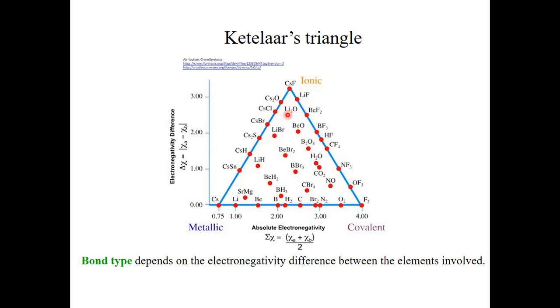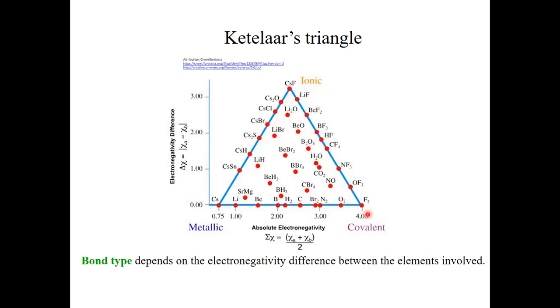Whereas, for instance, when you have a compound like SrMg, you see it's pretty much metallic, but it's also not completely metallic. There's also some ionic character because of the electronegativity difference between strontium and magnesium. There's also some covalent component as well.